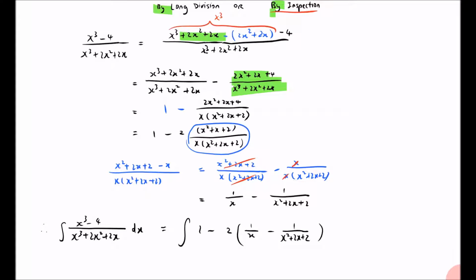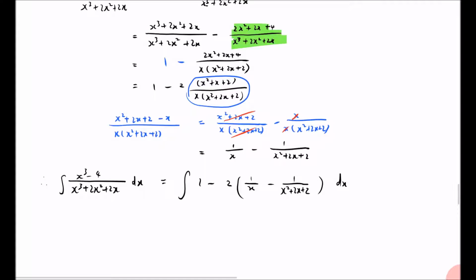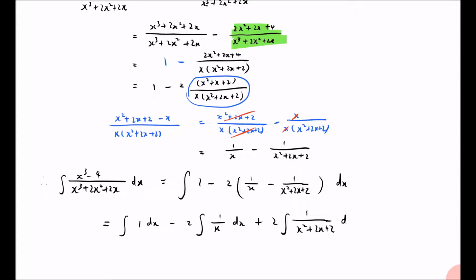Instead of using partial fraction, I use the inspection method. After that we can integrate individually, just like what we did in the last few questions. So 1 dx minus 2 times the integral of 1 over x dx plus 2 times the integral of 1 over x squared plus 2x plus 2 dx.